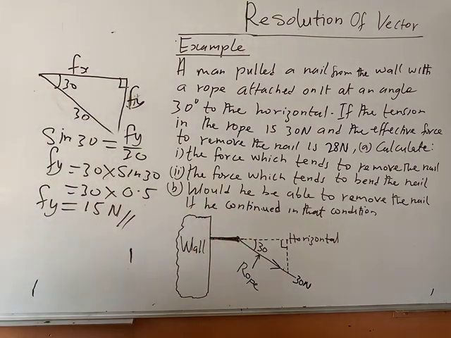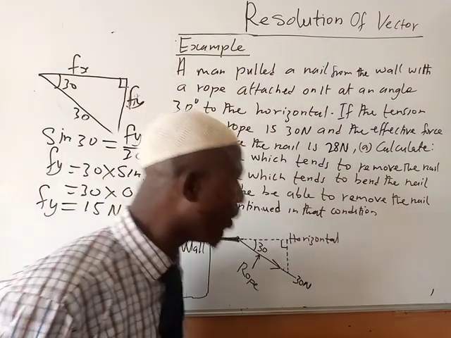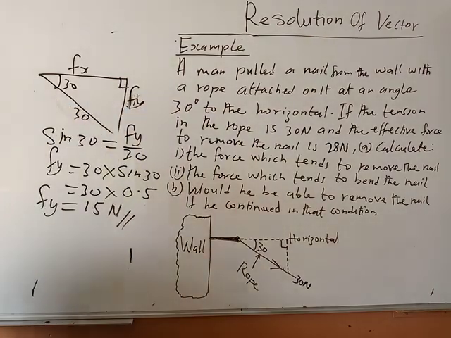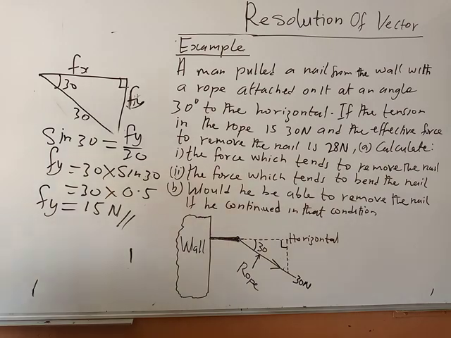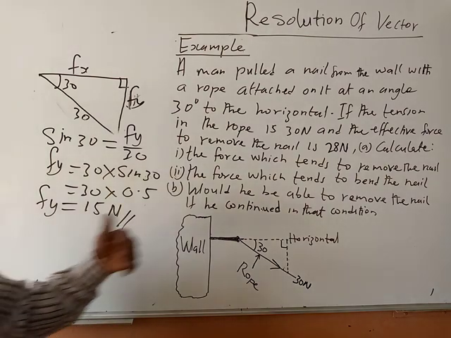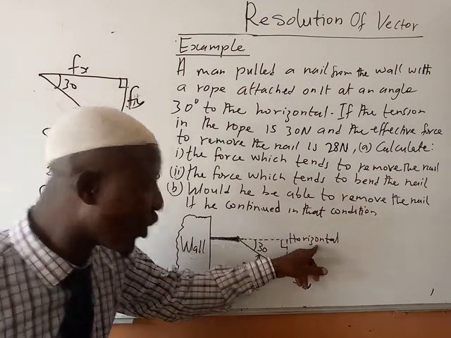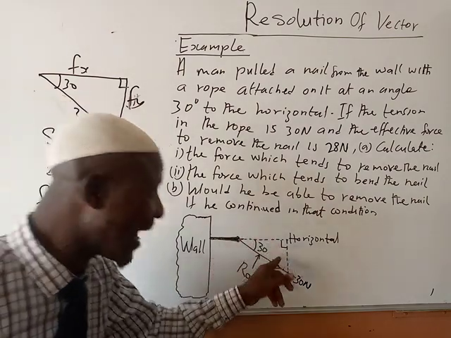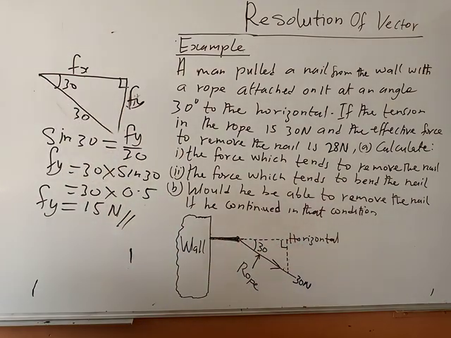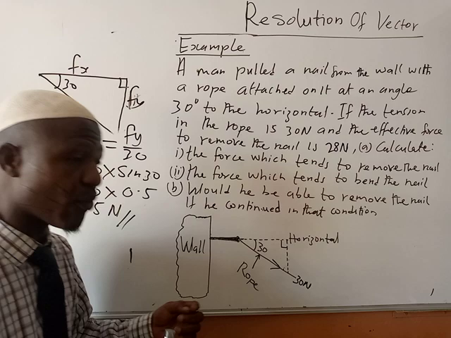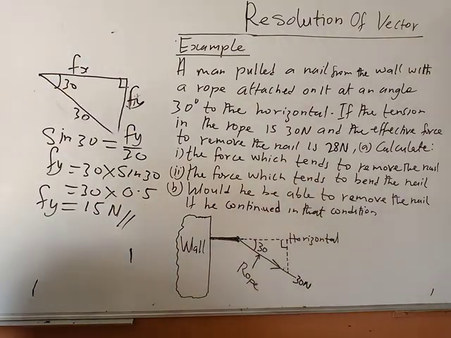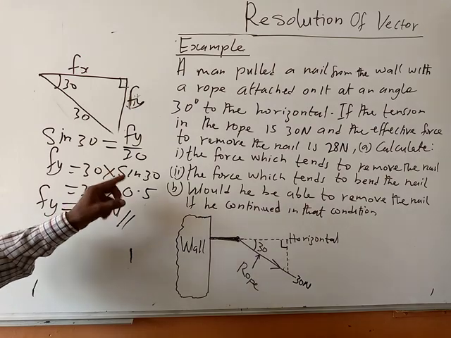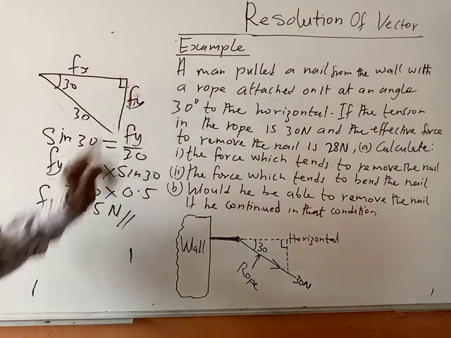Now the question is, will he be able to remove the nail if he continued in that condition? Never. It will not, because the resultant force removing the nail is less than the required force. So when you want to carry or remove an object, as a physicist or scientist, you should know how to apply your force. The next topic will be on resultants of several forces.